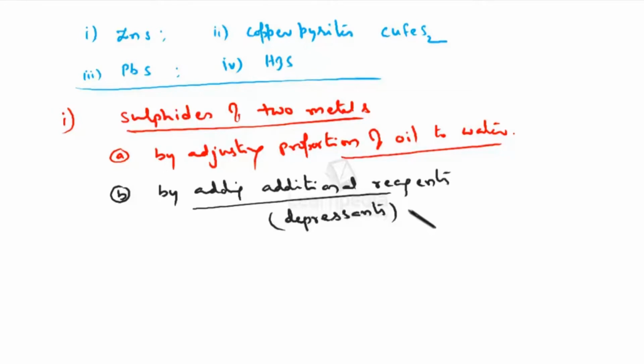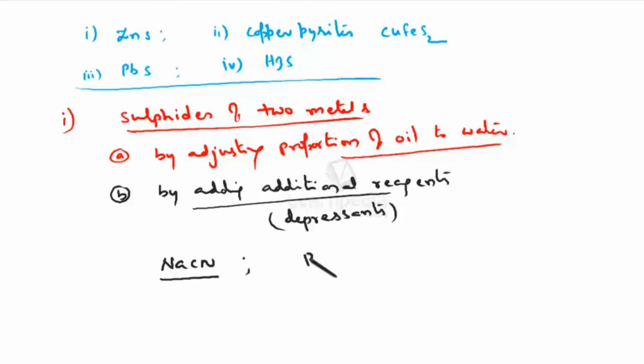Depressants are used to prevent one type of sulphide ore particles from forming the froth with air bubbles. For example, sodium cyanide is a well-known depressant, and it is used to separate lead sulphide ore from zinc sulphide.